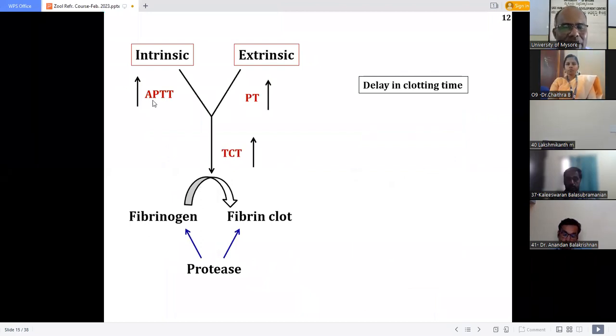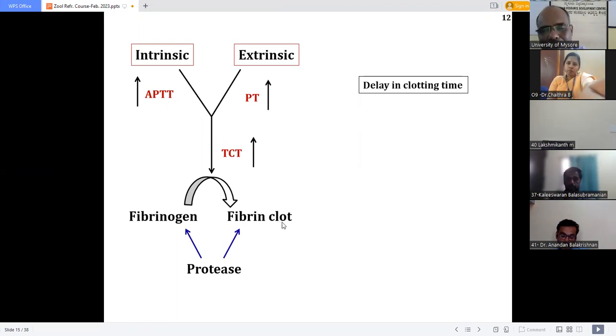So we checked APTT, activated partial thromboplastin time, PT, prothrombin time, and TCT, thrombin clotting time. To our surprise, in all the cases we observed anticoagulant activity, suggesting that our protease is not working through the intrinsic pathway, extrinsic pathway, or common pathway. If it is not working through these three pathways, then where exactly does it work?